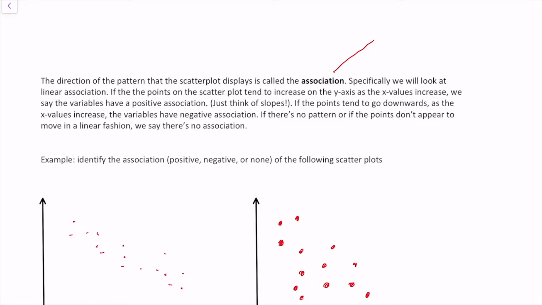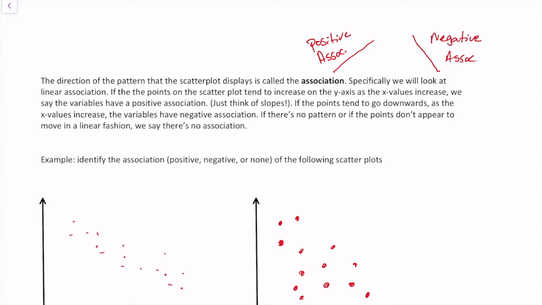If the x values increase and the y values increase, we call that a positive association. If the opposite is true, think of a line with a negative slope. This means as the x value increases, the y value is decreasing. We call that negative association. So I just want to write these down for you. We have positive association, and over here negative association.